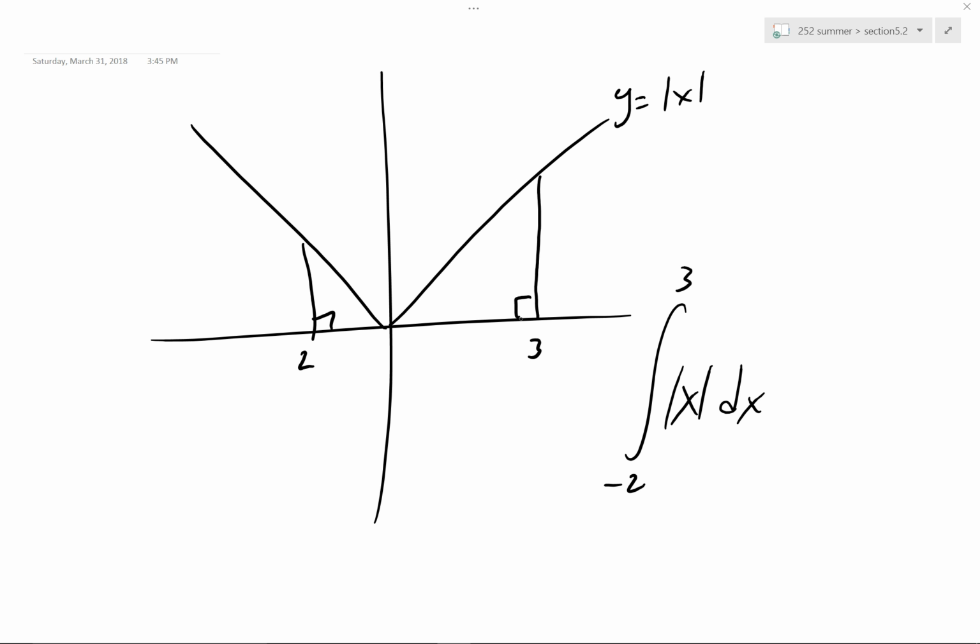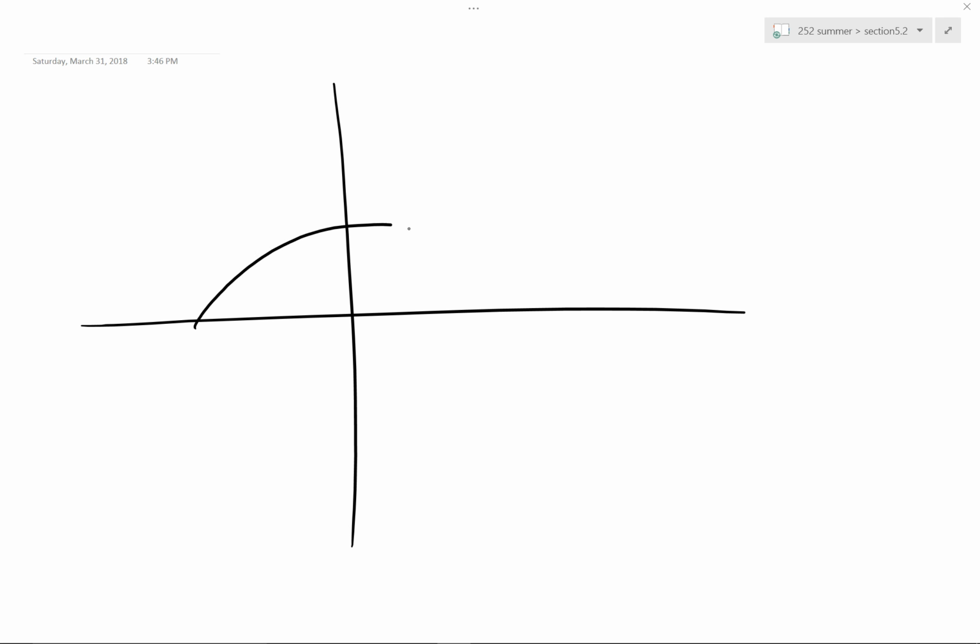Notice that they're both positive, however. So this is 2 by 2, so it's 4 divided by 2 is 2. This is 3, this is 3. 3 times 3 is 9, divided by 2 is 4.5. Add them together and you get 6.5.